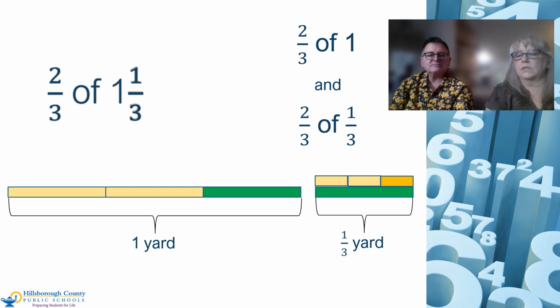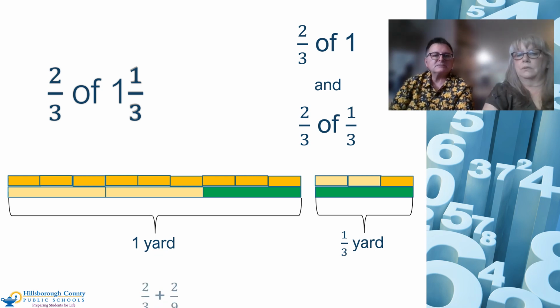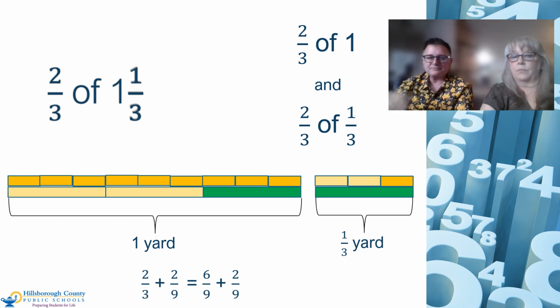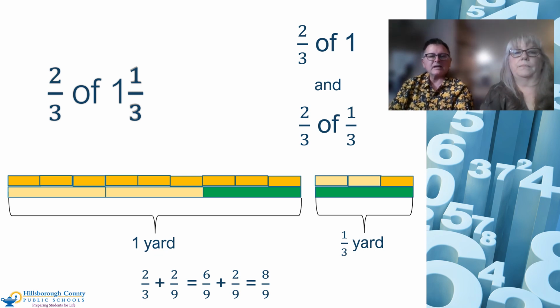In order to have my total, I'm adding the 2/3 to the 2 ninths. I can break that 2/3 into 6 ninths, rename it, and add it to my 2 ninths to get my 8 ninths. Same product, 8 ninths, just a different model.